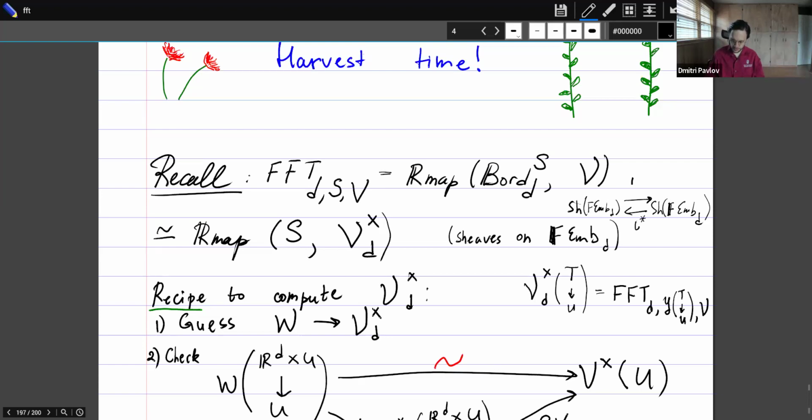And it has a left adjoint, which we can call iota shriek. iota shriek is a continuous functor that sends a representable presheaf on the unenriched side to the corresponding representable presheaf on the enriched side.